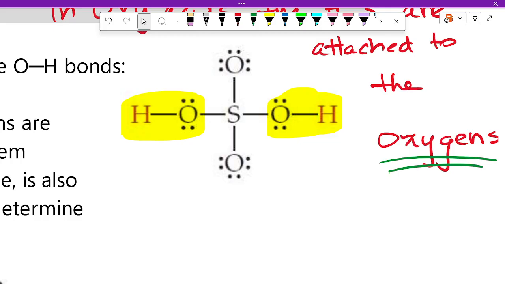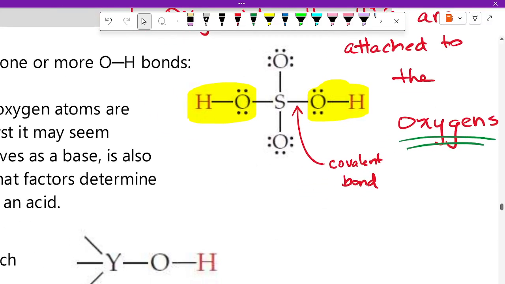The alkali metals, alkaline earth metals, right? And this is attached by what type of bond? The bases are attached by an ionic bond to a metal, okay?